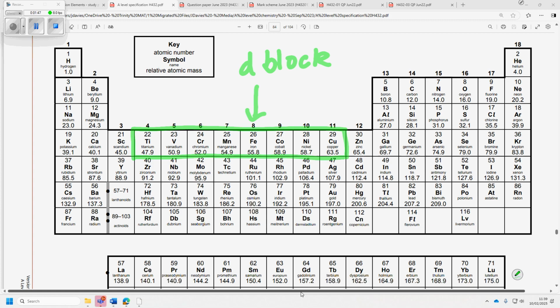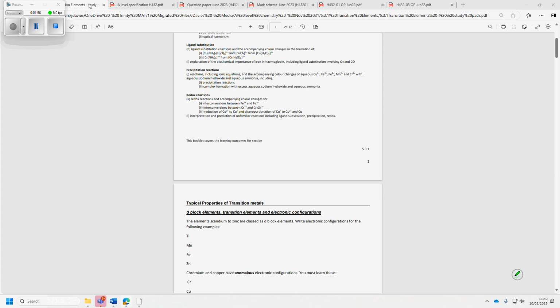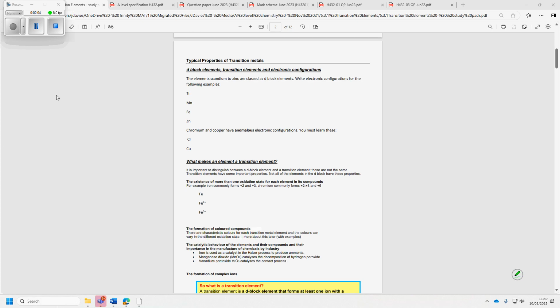So you're going to need a periodic table to help you do some of the exercises in the study pack. If you haven't got one, pause the video now, go and get one. Okay, so what I would like you to do is write out the electronic configurations of the elements titanium, manganese, iron and zinc.